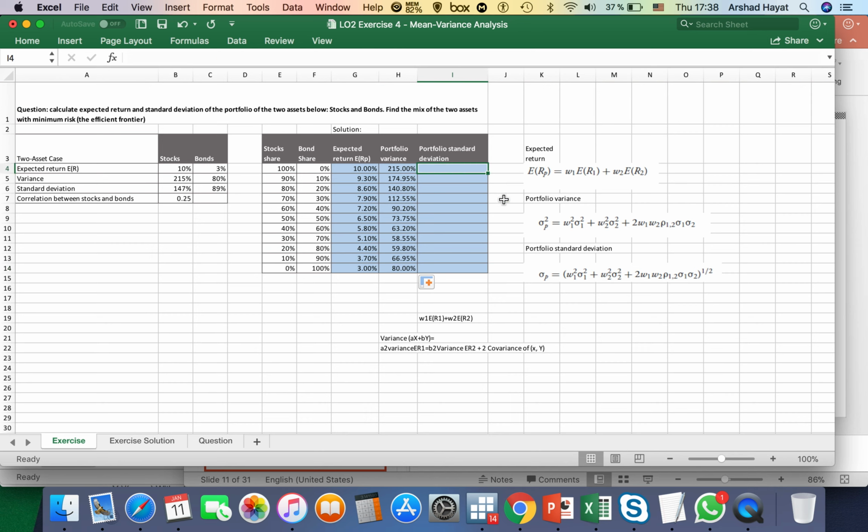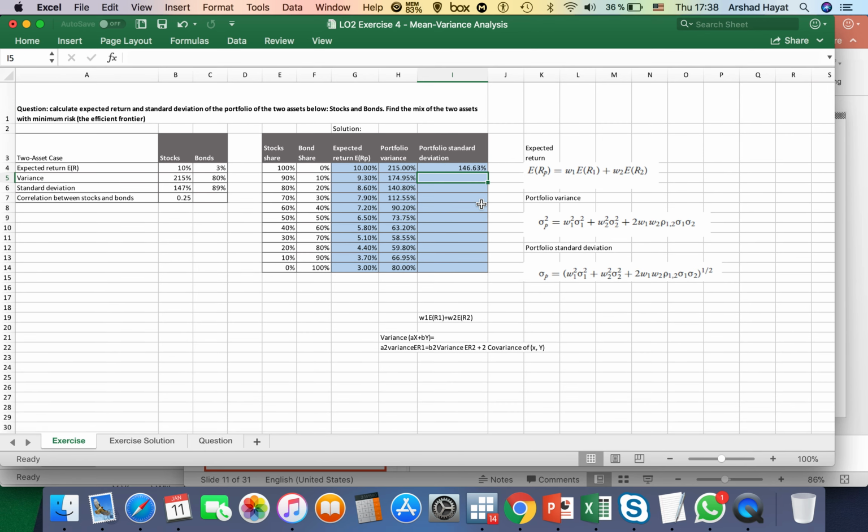Now after this, we want to calculate a standard deviation for the portfolio. Now we know that standard deviation simply is the square root of variance, so this should be equal to this power 1 by 2 or 0.5. For power we use this sign.